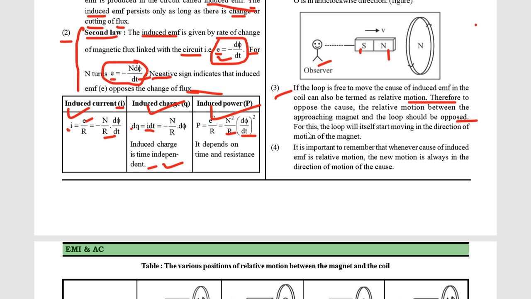For this, the loop will itself start moving in the direction of motion of the magnet.